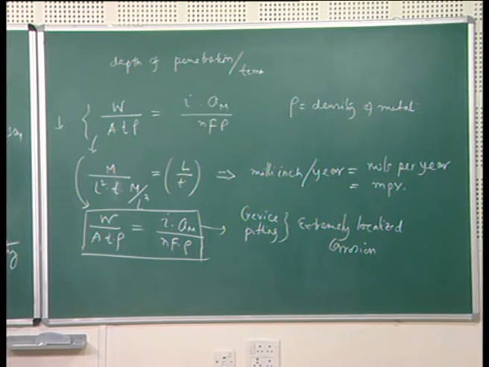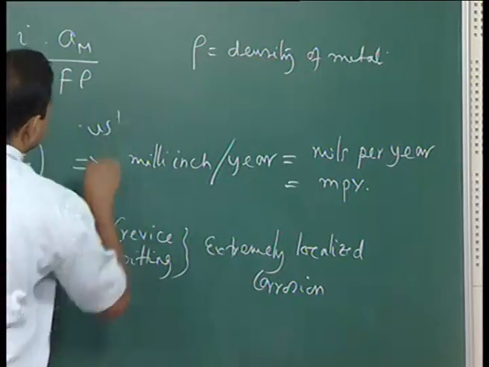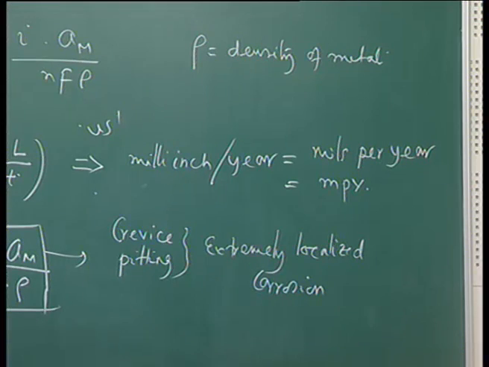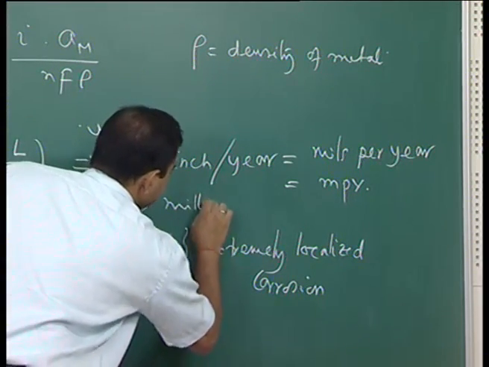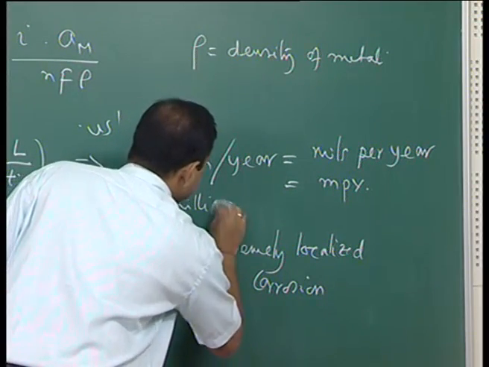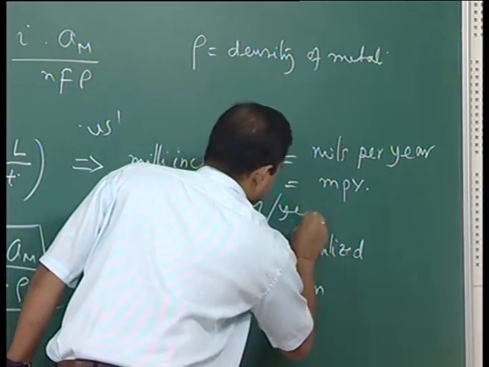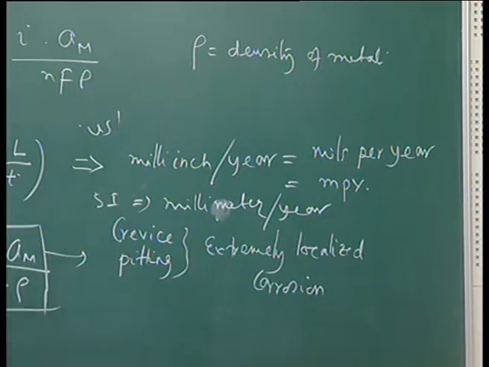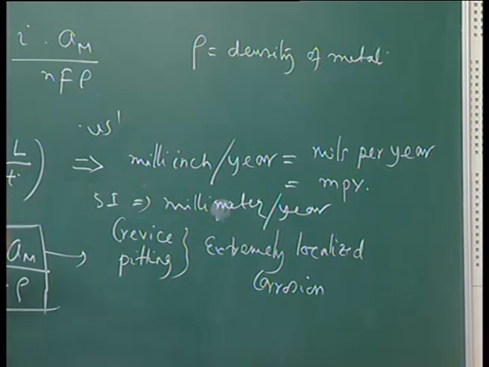Now, in SI unit, it is written as millimeter per year. So, now we have two units, MPY and millimeter per year.